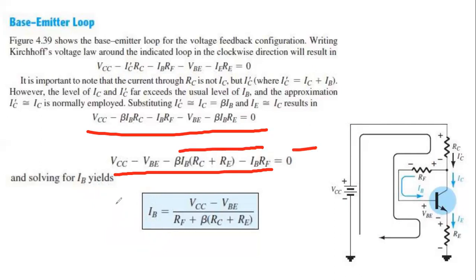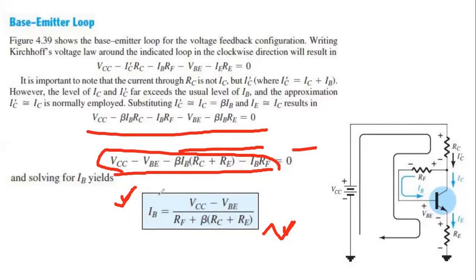So finally we find this IB equals to VCC minus VBE divided by RF plus beta (RC plus RE). Okay, so this is a small calculation. If we just sum up all the IB terms, take common the IB, and finally divide the 2 sides. So in this way, we will find out the value of IB.